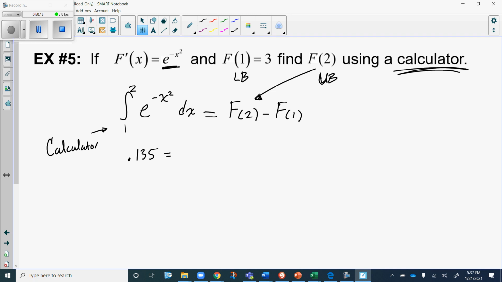And we're asked to find f of 2, so I'm going to just leave that as f of 2. And it tells us that f of 1 was 3, so minus 3. And so now you move the 3 from the right side to the left side, and we get 3.135 for f of 2, the antiderivative of the upper bound. And that's what we're looking at on that one.